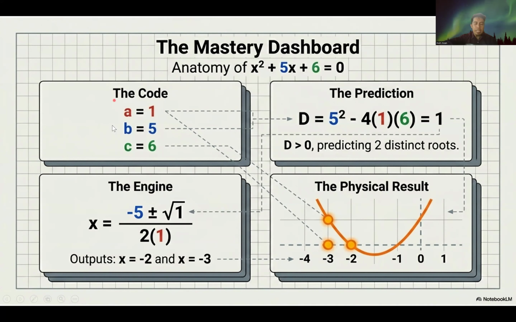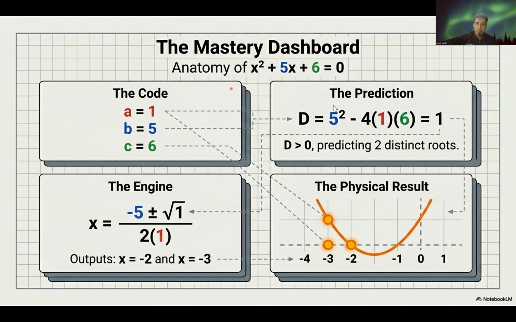So we can predict what kind of discriminant. Conditions of the discriminant: maybe discriminant equals 0, discriminant more than 0, and discriminant less than 0.